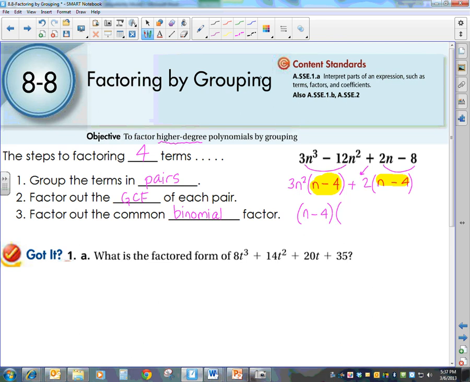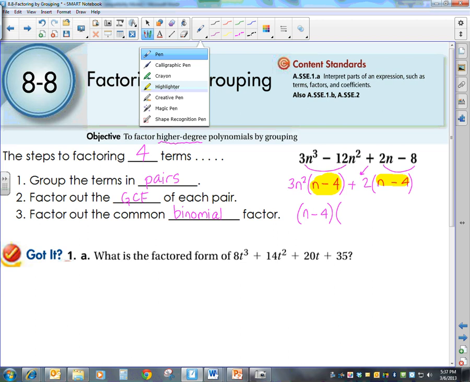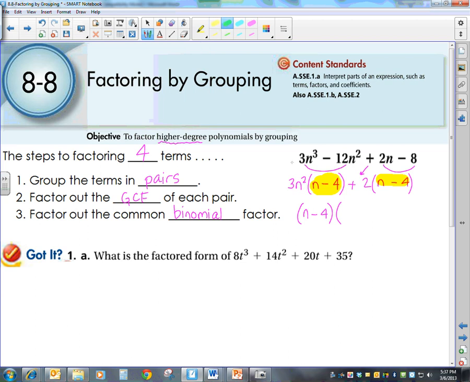And then what we have left, look at this. So with the first term, I have that left, and with the last term, I have that left. Because what we have here is a product here with an addition sign and a product here. So each of those terms, I'm factoring out the binomial factor.